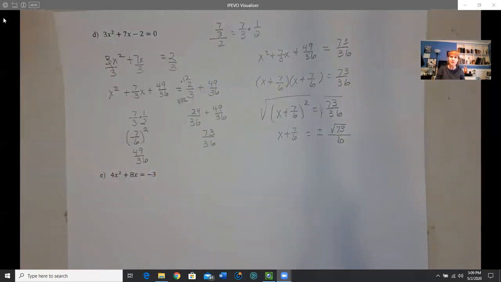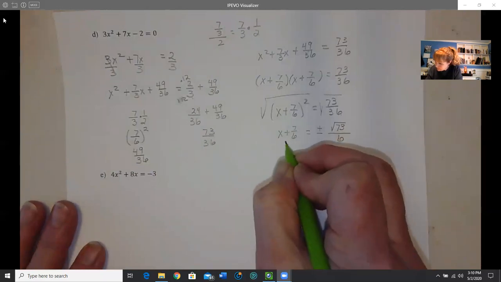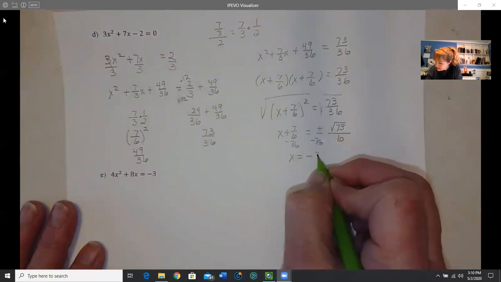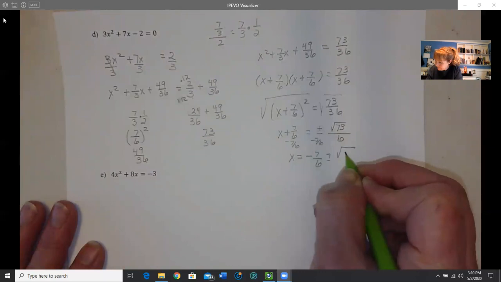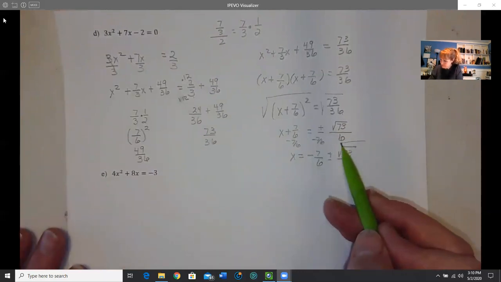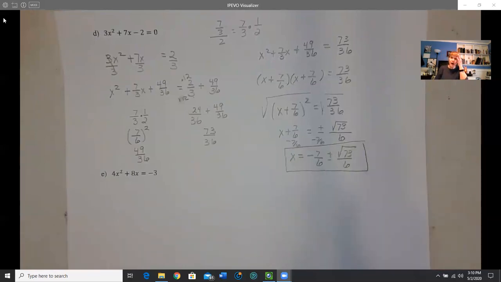So I did reduce the square root of 36. And you have a plus or minus. And now you subtract 7/6. So minus 7/6, that's this, plus or minus, wow. The numbers aren't pretty, but my math lab never really tries to have pretty numbers.